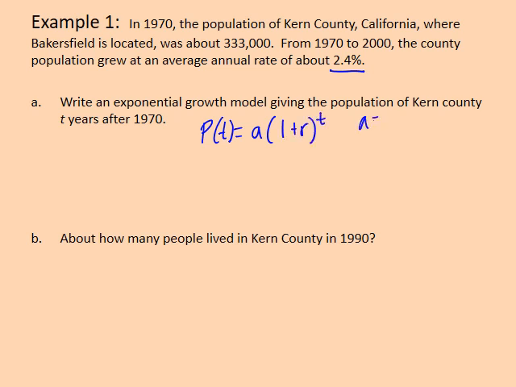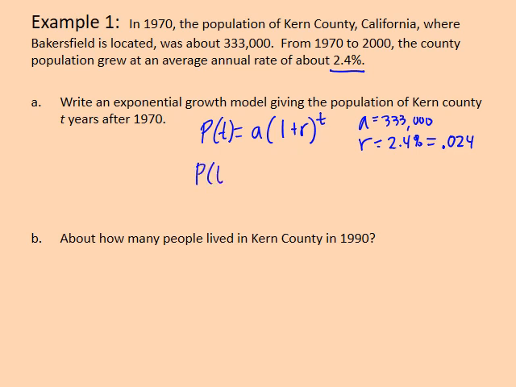Now remember, A is our initial value, in this case 333,000, and r is our percent, which is 2.4% in decimal form, which is 0.024 or 24 thousandths.